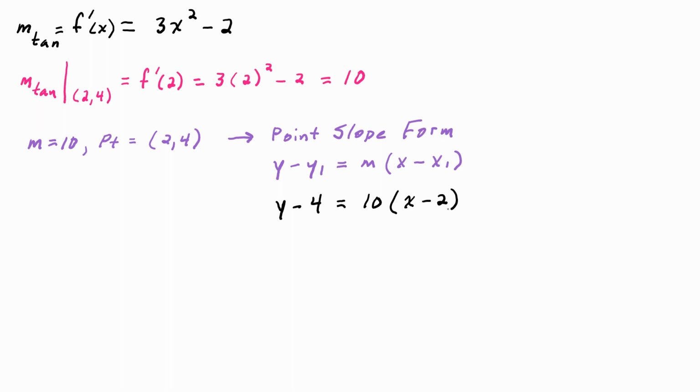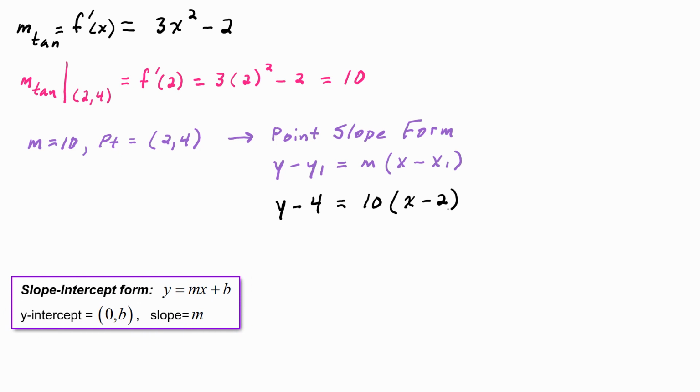Now the instructions said we had to write this final answer in slope-intercept form, so we need to get the y by itself. We have y minus 4 is 10x minus 20. Then we add 4 to both sides, and we have y equals 10x minus 16.